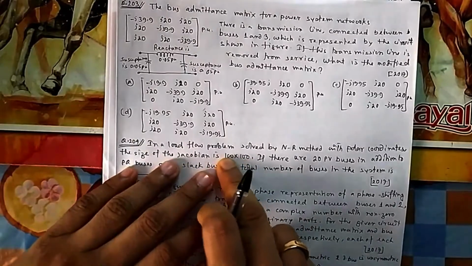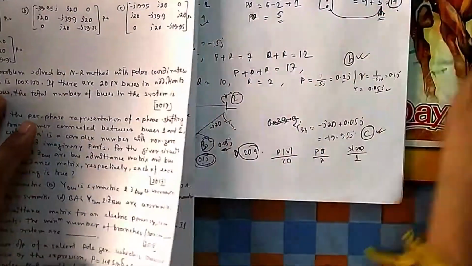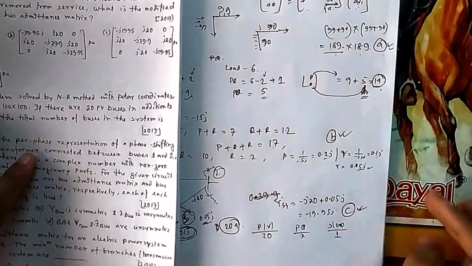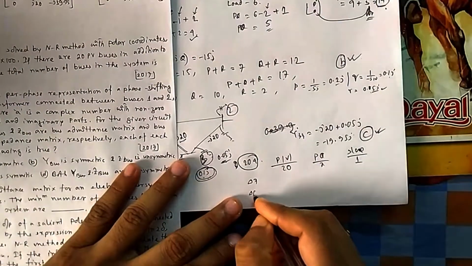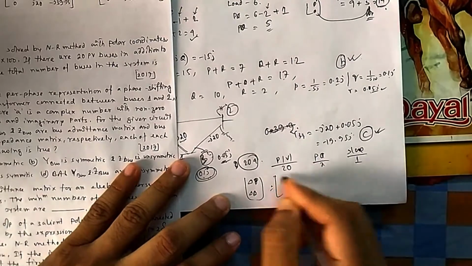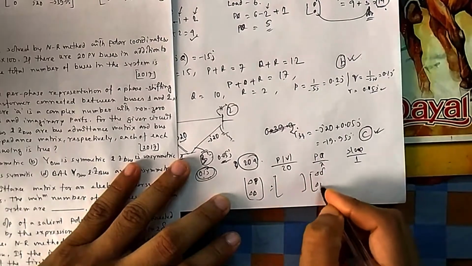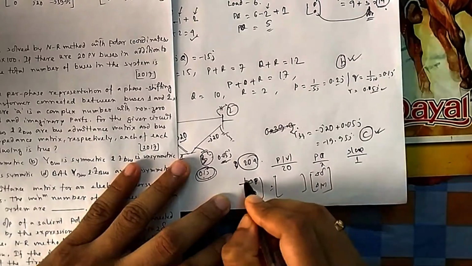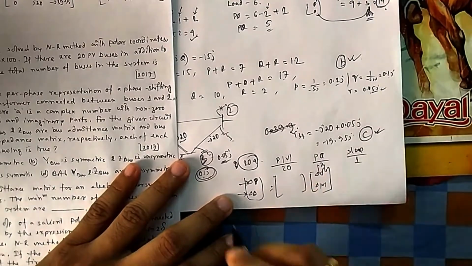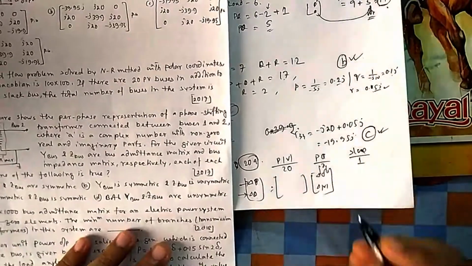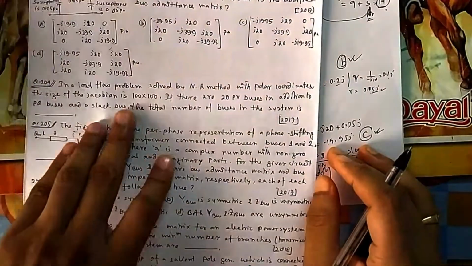The first one is the equation row. So you can see rows come from this P and Q. Because what was the Jacobian size? I told you we write delta P delta Q format is equal to Jacobian into delta delta, delta V. This was the format. So this is the number of equations, this is the number of unknowns. So number of equations is P and Q, so total number of equations is 100.